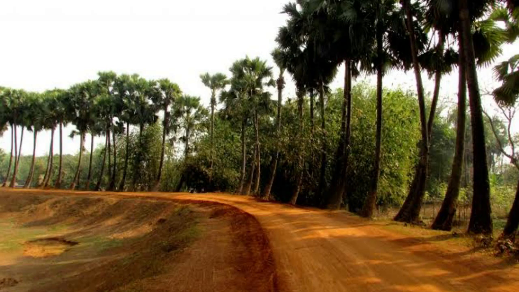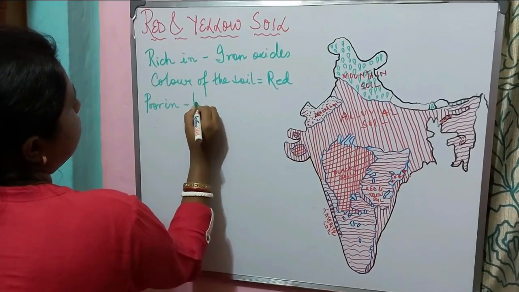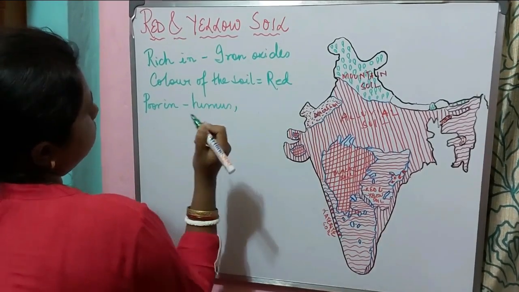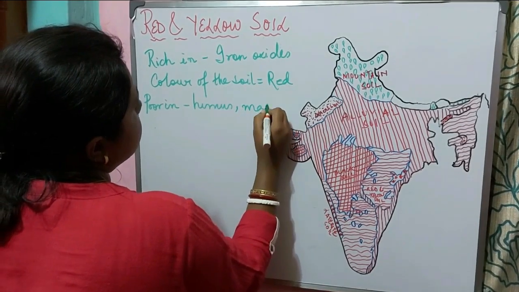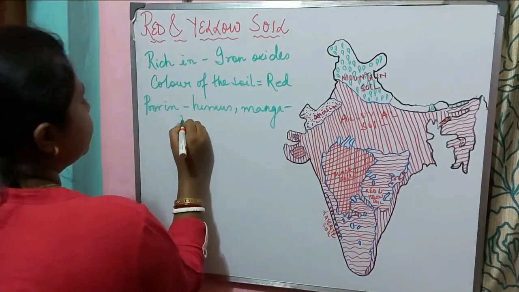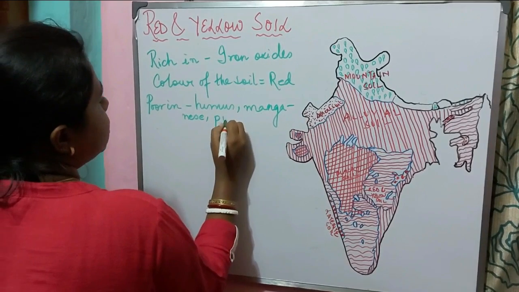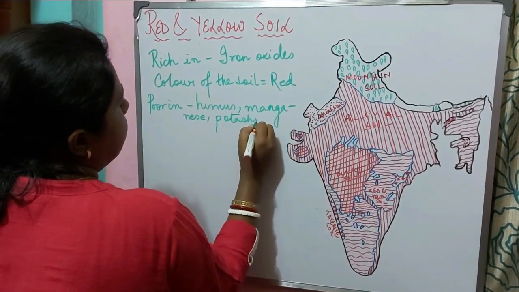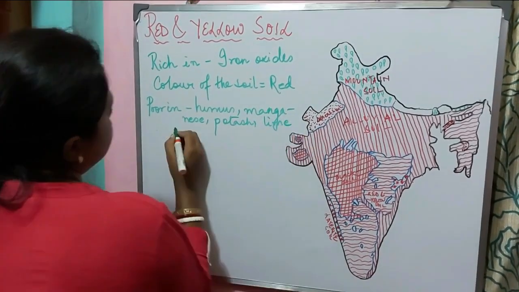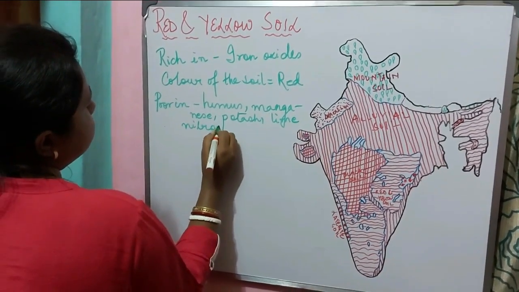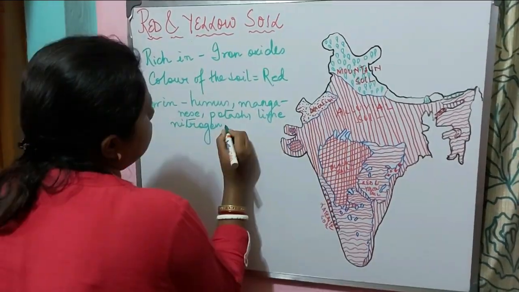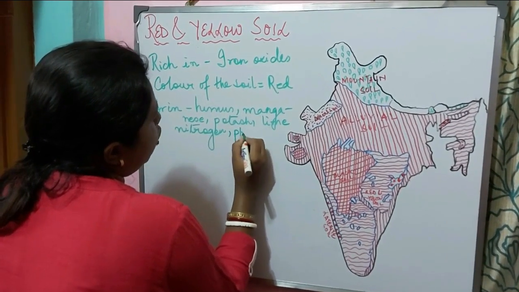It is poor in boron, humus, manganese, potash, lime, nitrogen, phosphate.